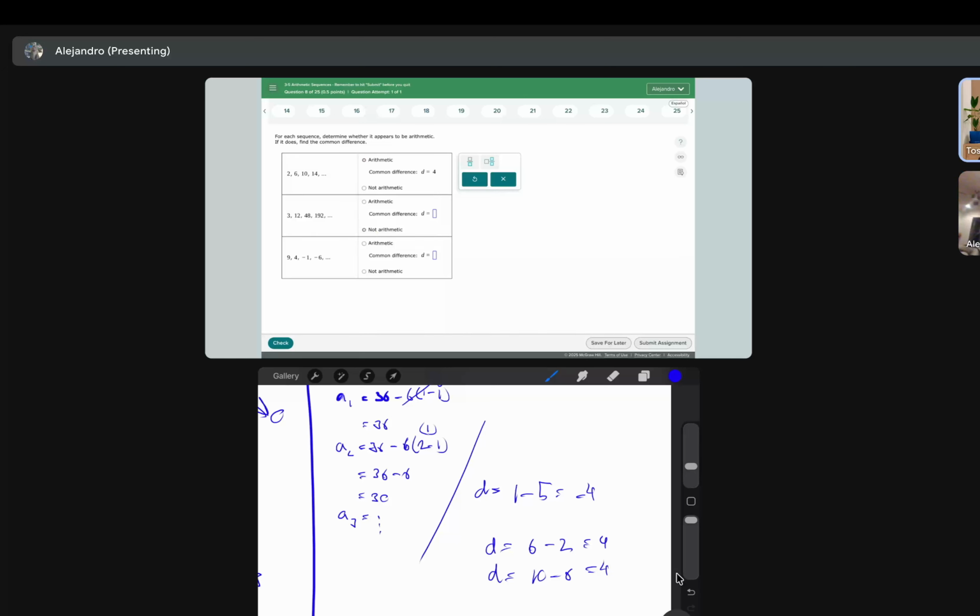What about the last sets? 9 to 4. So you're going down by -5. 4 minus 5, -1. -1 minus 5, -6. So yeah, this is arithmetic. So D is -5. If you want to show the work, you can do D. Doesn't matter which two. Latter minus the prior. -5.